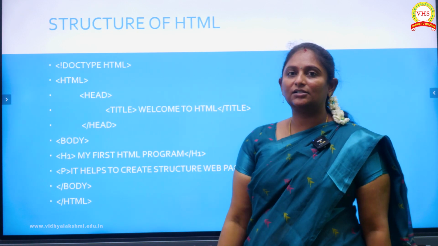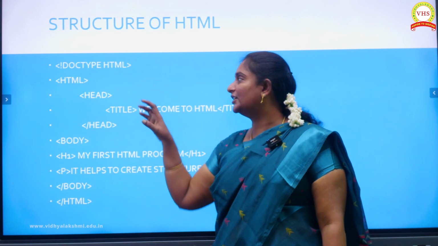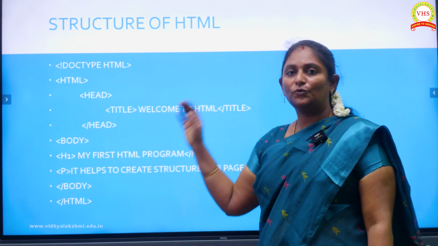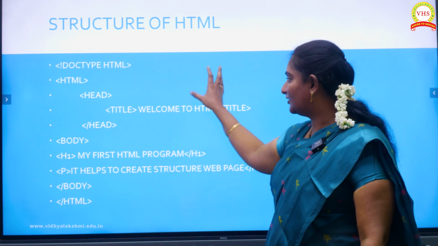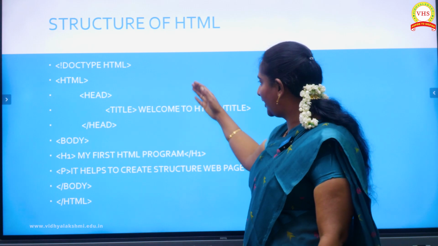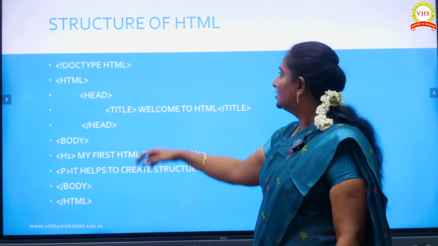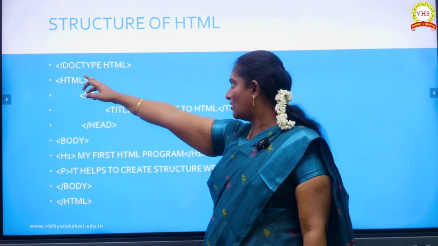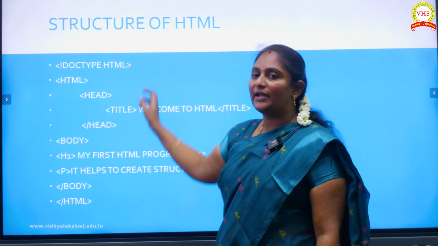Next we see a simple structure using these tags. We are seeing the structure of this HTML program. Using the basic tags, we are writing one simple program. Now let's see how to execute this HTML code. Look at this: the first statement, angle bracket, exclamation mark, DOCTYPE html.